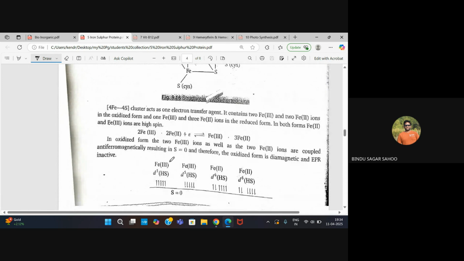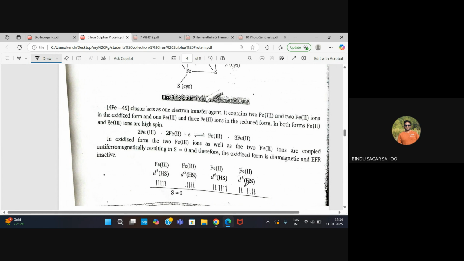So in the oxidized form, out of these 4 iron atoms, 2 atoms are Fe3+ and 2 atoms are Fe2+. So definitely one Fe3+ will be cancelled by another and one Fe2+ will be cancelled by another. So the total spin value is 0. Yes or no? When the total spin value is 0, we can say this is EPR inactive.